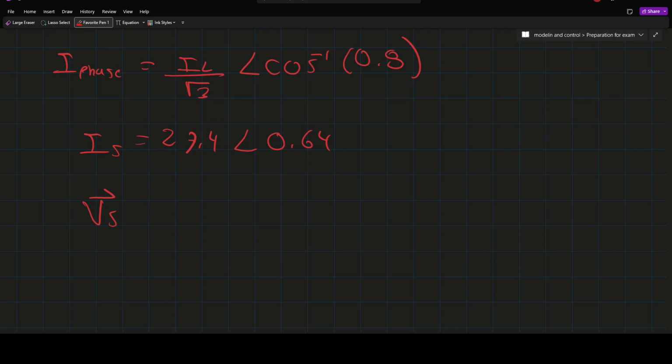So VS is always jXS times our current, plus our speed dependent source.